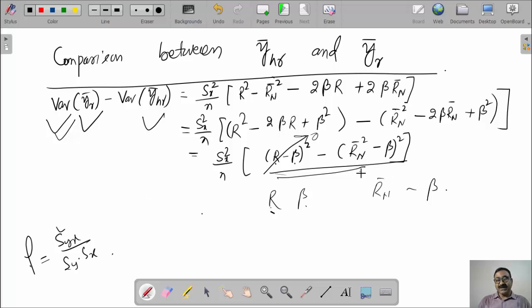Now suppose Rn bar is close to beta, then this term will be 0, and the difference will be positive. Positive means we have to prefer the Hartley-Ross estimator.